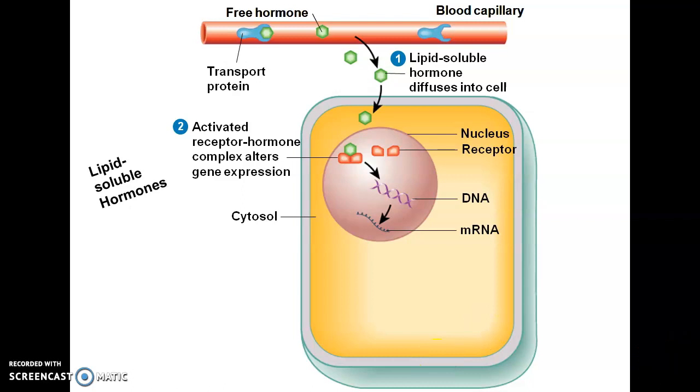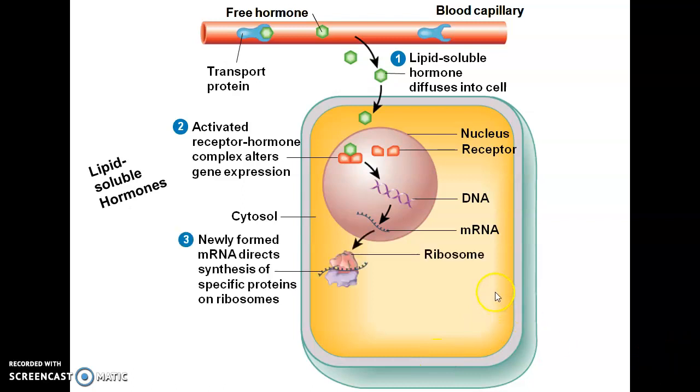Once the mRNA is formed, it moves out of the nucleus into the cytoplasm, going to the ribosome, which is also known as the protein factory. Once the mRNA reaches the ribosome, translation happens and the expected protein is produced.